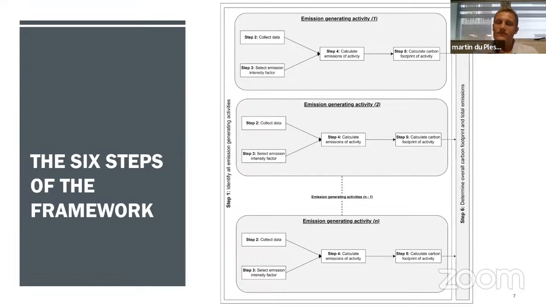So on an individual shipment basis, let's say for table grapes, from the packaging facility in the Hex River Valley up until the port of import in Rotterdam or Southampton, wherever it may be, what is my chain of activities from A to B that I need to quantify the emissions for? That's my first step. The second step is, for each of these emission generating activities, I need to perform steps 2 to 5. And we'll discuss more about that later.